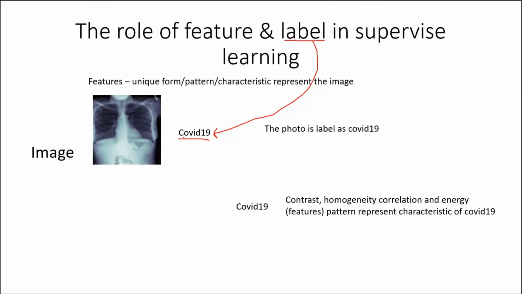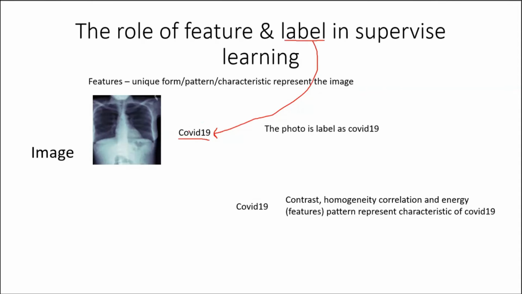If your application is about identifying what the photo is, you can say it is a chest. It is a chest, so it is classification. It is a chest or it is not a chest. Simply like that. It is COVID-19 or not COVID-19. Not COVID-19 means healthy. COVID-19 means you got COVID positive.